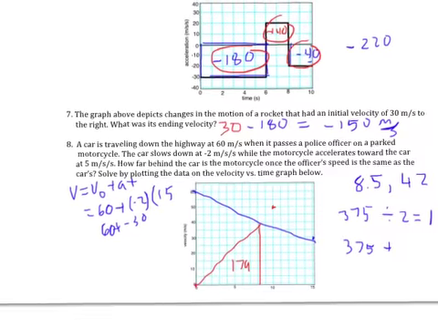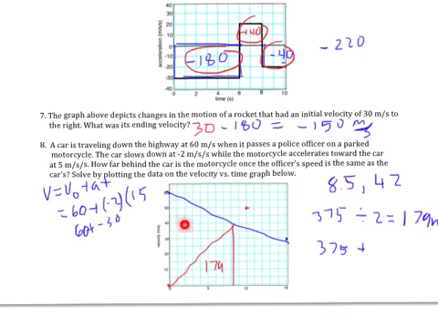This is 8.5 seconds. All right, and let's see. So 8.5 times 18 is 153, but I have to divide that by 2 because I don't have the full rectangle.